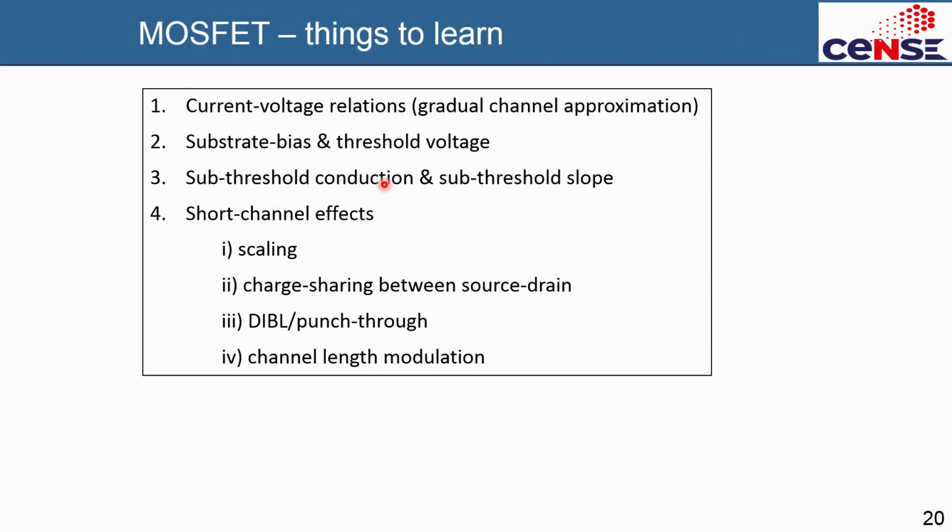In an ID VG characteristic, when your gate voltage is slightly below your threshold voltage, you will have a small conduction. It is very important because this will define your on off ratio, and how steep your slope is will tell you how sharply you can turn the device on and off.